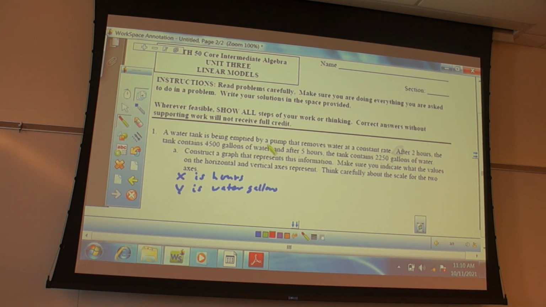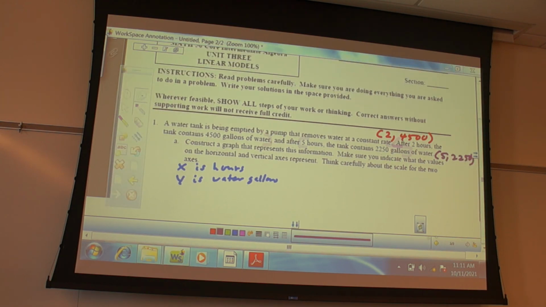So 2 hours goes with 4,500 gallons of water, so that's 1 point: 2 comma 4,500. And then we found another one. After 5 hours, it's 2250 gallons. So that's our second point: 5 comma 2250. From there, we're able to sort out a bunch of stuff.